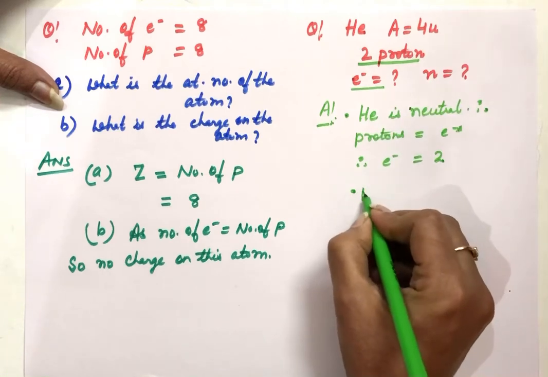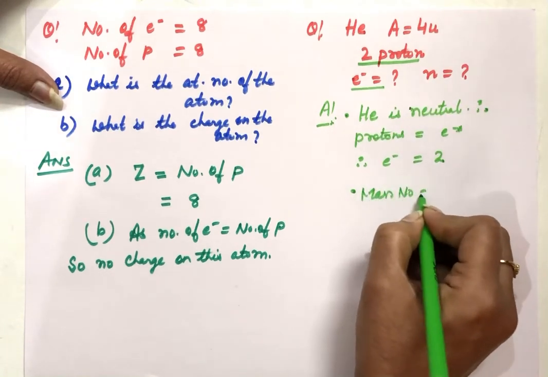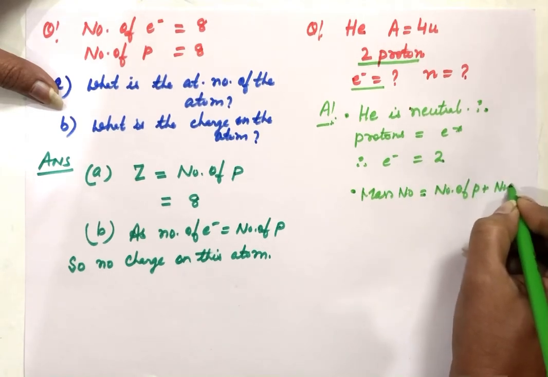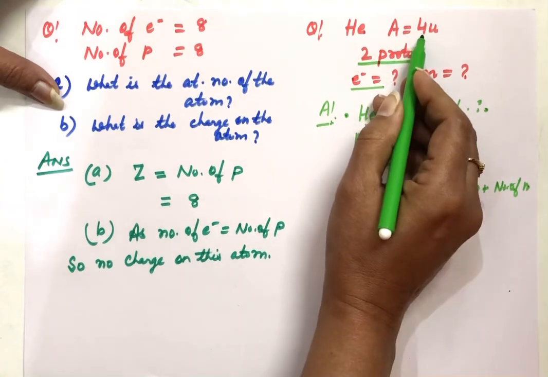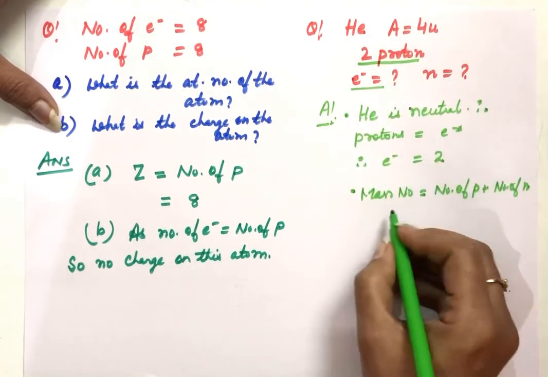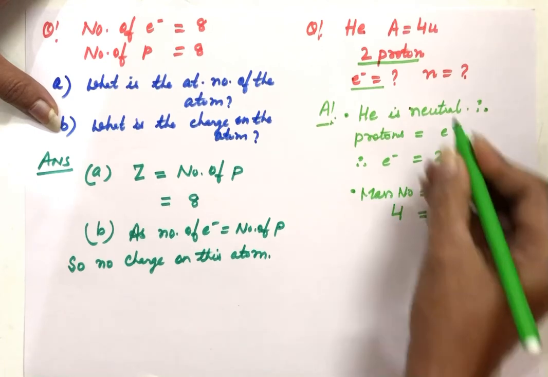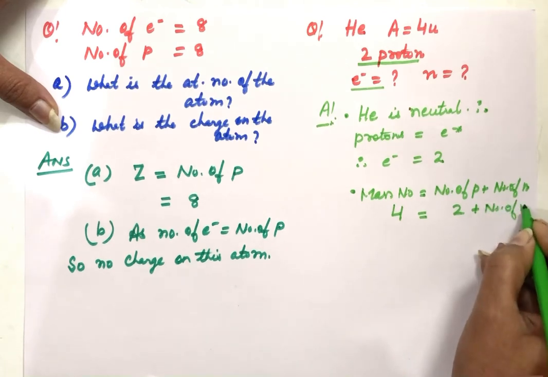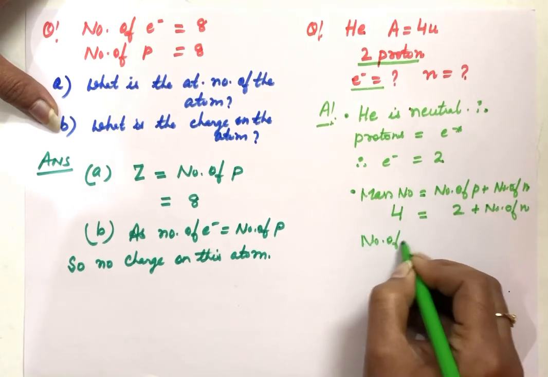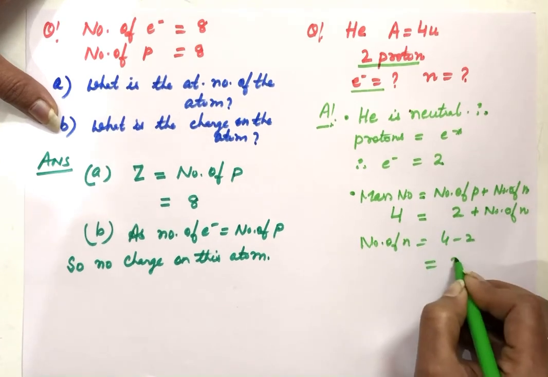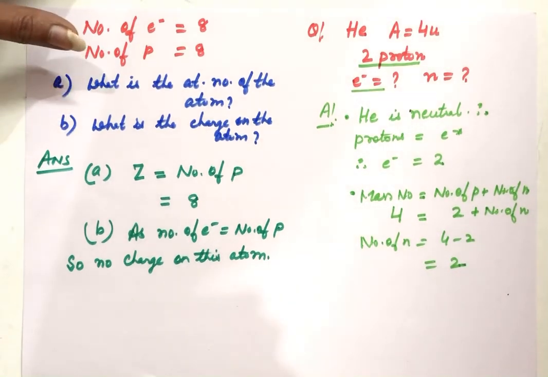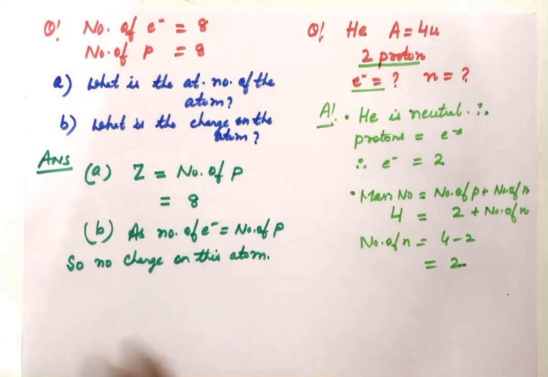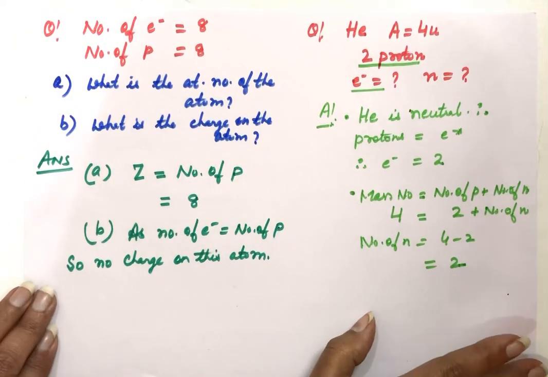So we know that mass number is equal to number of protons plus number of neutrons. Since I told you that here the mass number is equal to the atomic mass only, so we write this as 4, and number of protons given are 2, and number of neutrons we have to calculate. That means number of neutrons will be equal to 4 minus 2 equal to 2 here. So neutrons are equal to 2 in this case. But we should know here the mass number is equal to atomic mass. So these are the 2 questions related to atomic number and mass number.